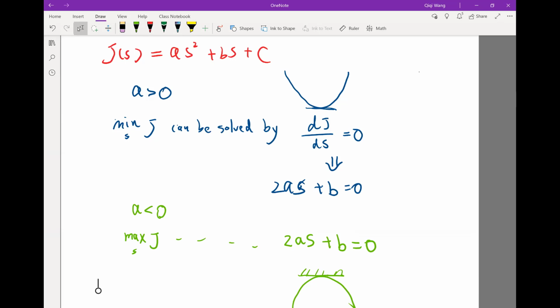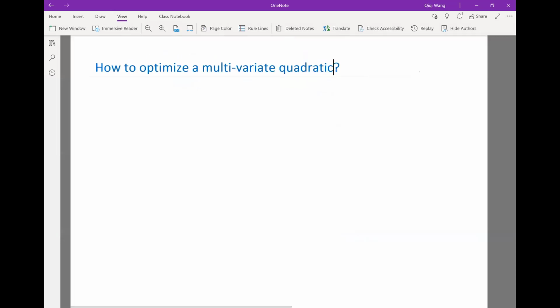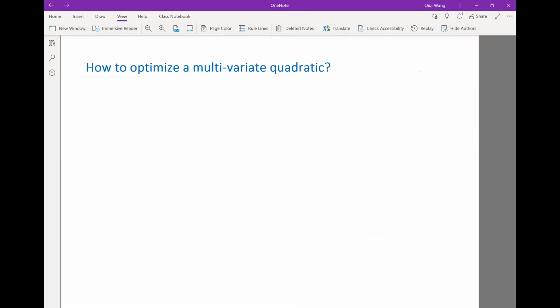So to go to the next level, let's now consider a multivariate quadratic as opposed to a univariate quadratic. So what is a multivariate quadratic like? A multivariate quadratic, J as a function of s. Now s is a vector. And this quadratic actually involves all kinds of quadratic terms of s.